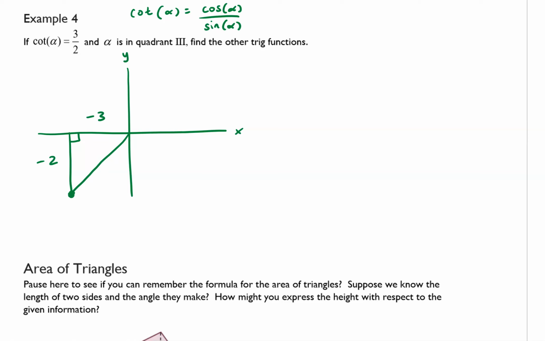Another thing to keep in mind is that the way that I've drawn this particular right triangle is not on the unit circle, and the way that I can tell is because if I use the Pythagorean theorem to find the length of the hypotenuse, we're about to see that it's not going to be equal to 1.